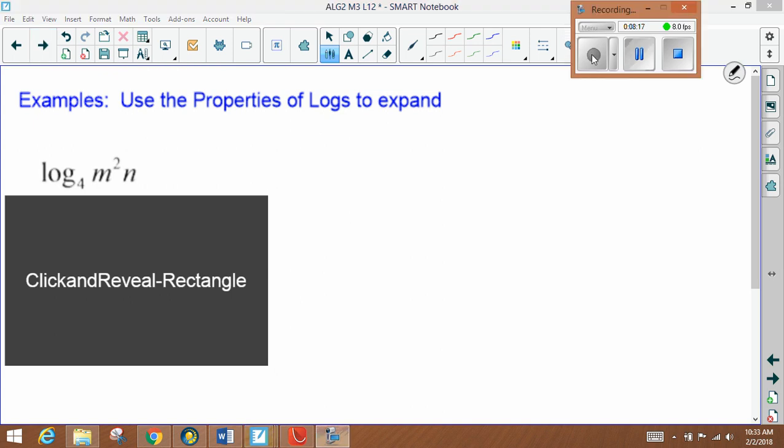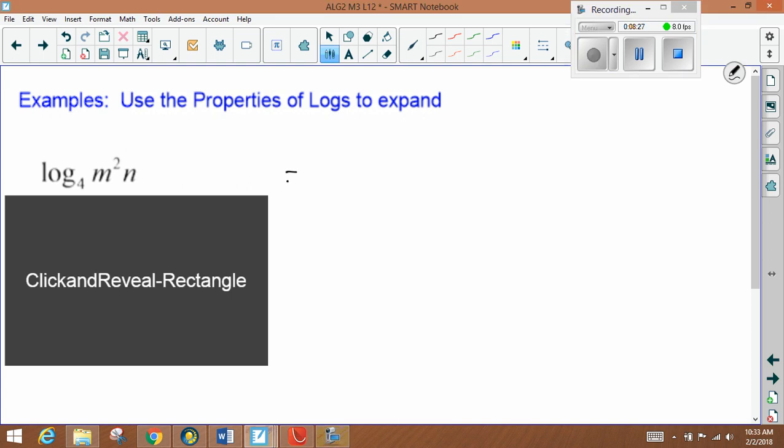Let's apply our properties to one of these. This is mainly the type of problem we're going to be doing. This is going to be equal to log base 4 of m squared plus log base 4 of n. Since this is a product, m squared times n, I'm allowed to split it out and look at it as a sum.